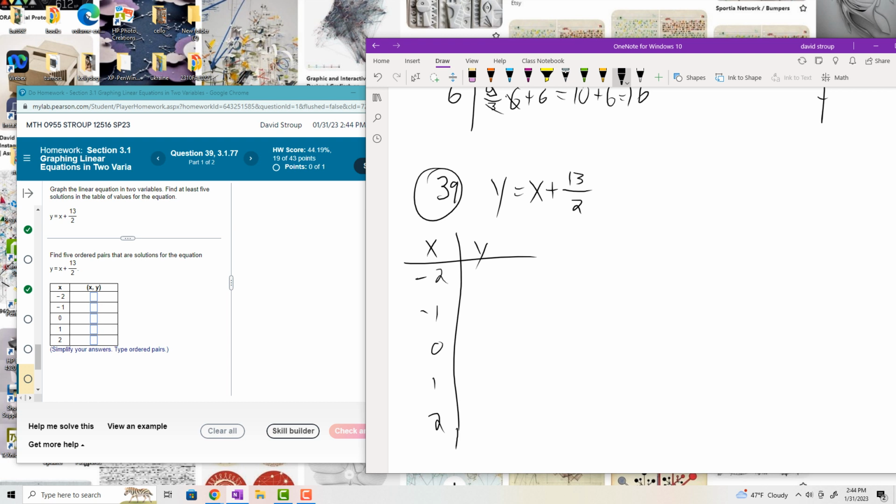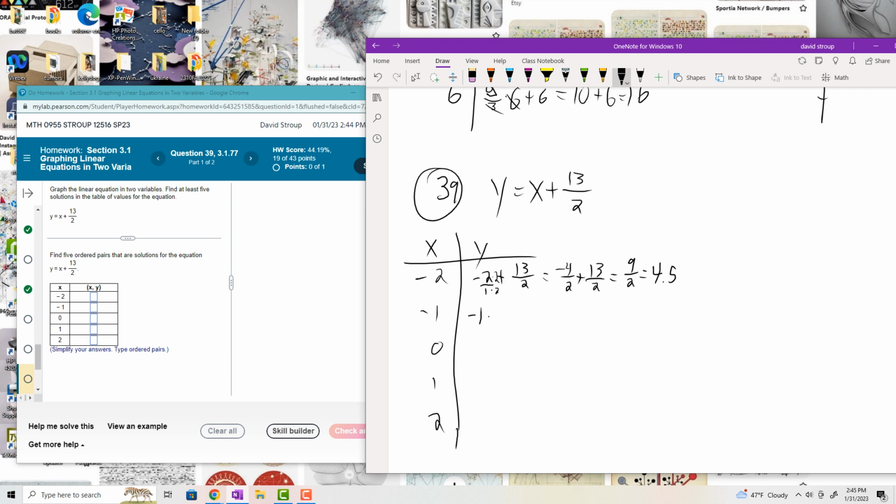To do this, I need a common denominator, and it's going to be a denominator of 2, right? So -2 is the same as -2 over 1. It can multiply top and bottom by 2. So we have -4 halves plus 13 halves, which is 9 halves. For plotting purposes, you may want to write 4.5. The software is fine with 9 halves.